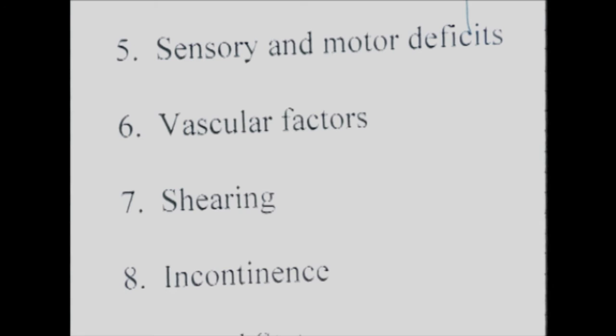So paralysis associated with muscle wasting causes lack of movement. As well as that, if there's muscle wasting, that further reduces the padding between the skin and bone in people with motor deficits. So sensory and motor deficits are another predisposing factor.